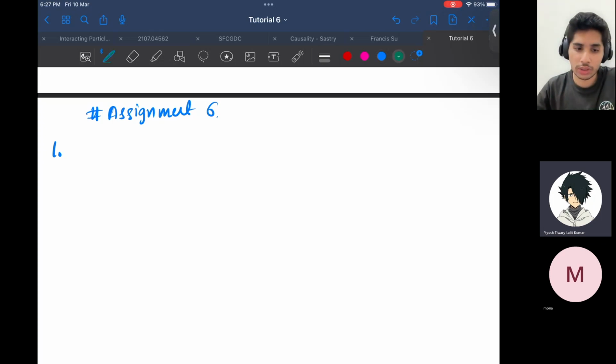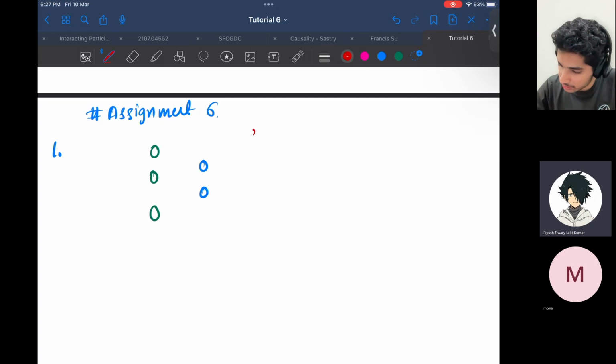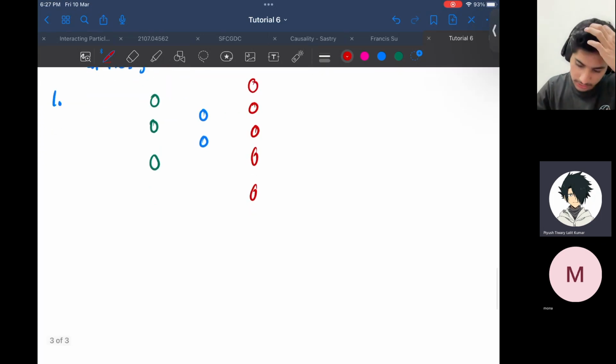I won't draw the connections, just the input and output layers. In the first option there are three inputs, there are two intermediate layers, and there are five outputs: one, two, three, four, five. This is the first option. So can this be an autoencoder?